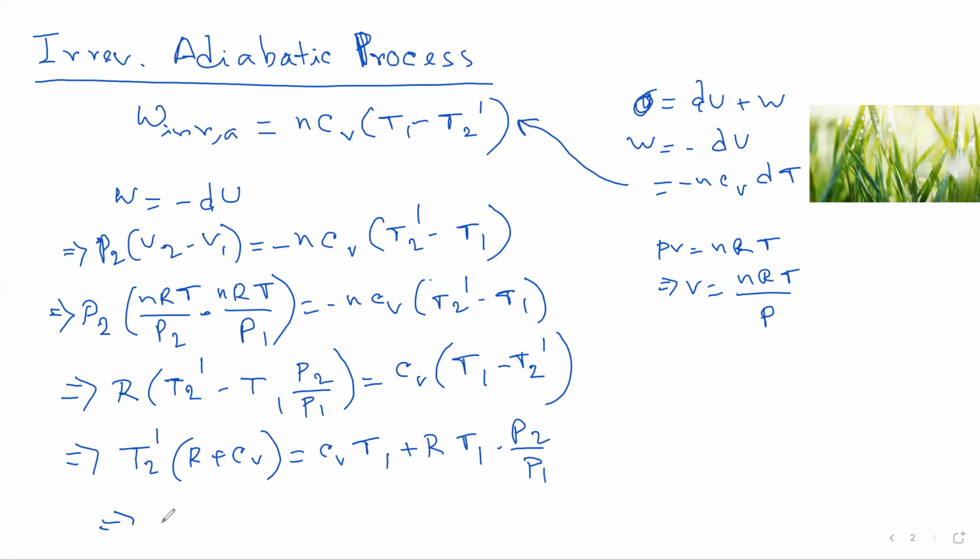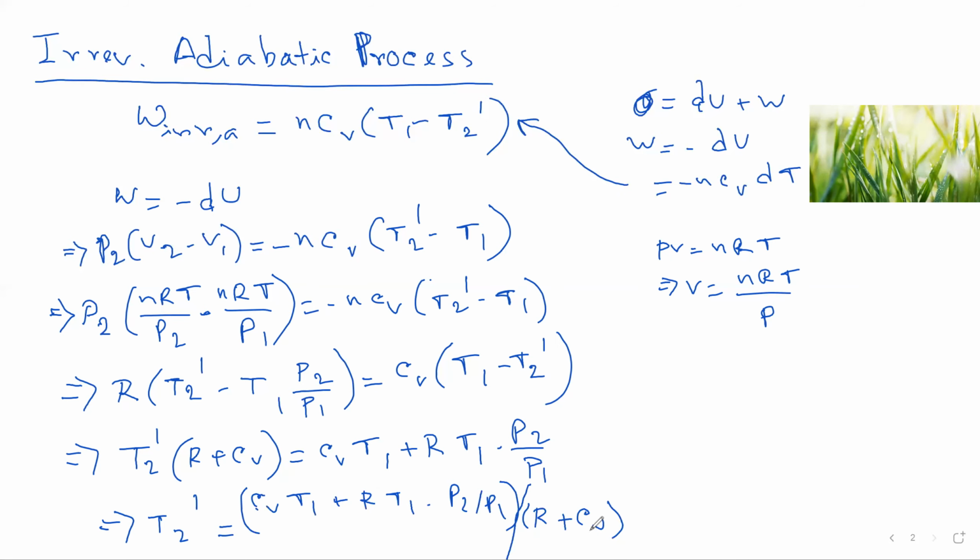T2 prime is equal to Cv T1 plus R T1 P2 by P1, divided by R plus Cv.